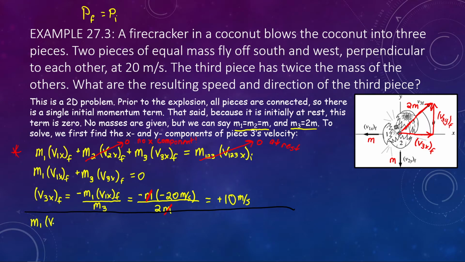m1 v1y final plus m2 v2y final plus m3 v3y final is equal to the initial term, m123 times velocity 123 in the y direction initially.